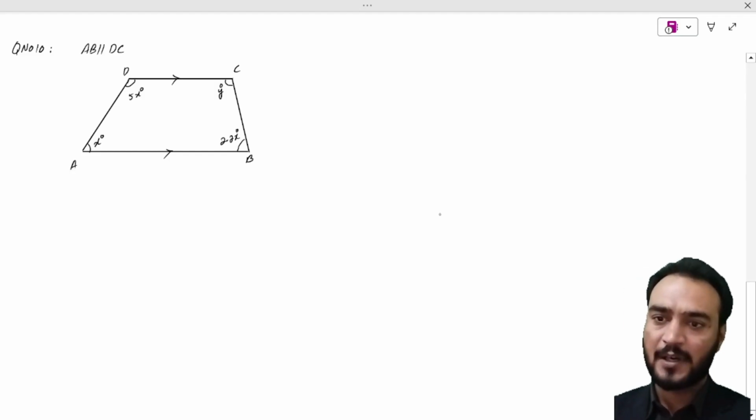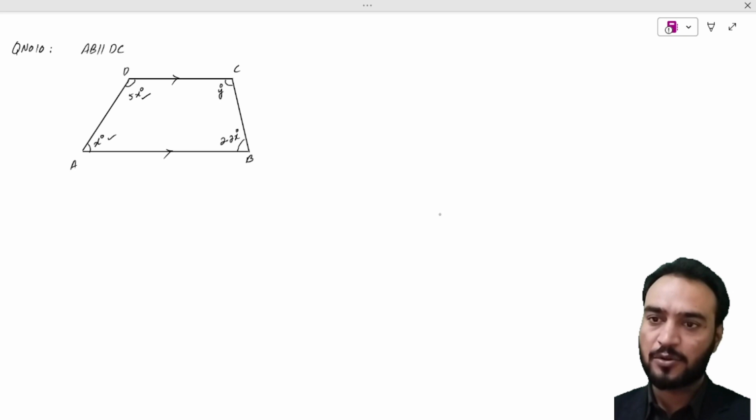So here, first of all, you need to know that x degrees and 5x degrees are the interior angles between two parallel lines. As you know that AB is parallel to the line DC, so these two become the interior angles, that is x degrees and 5x degrees.